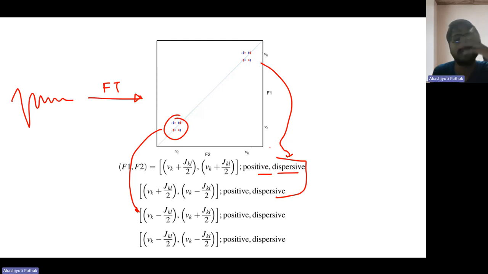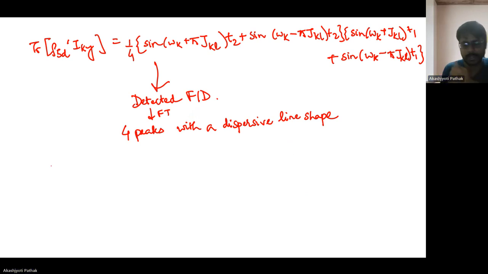Then again, we can also do this for the second term. If we do the Fourier transform of the second term, I'll not go into the derivation of this.